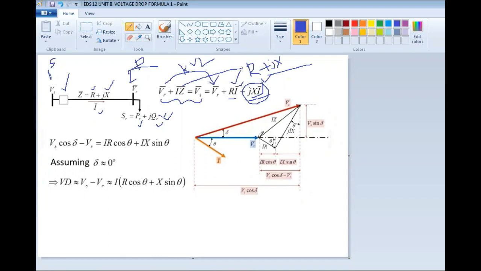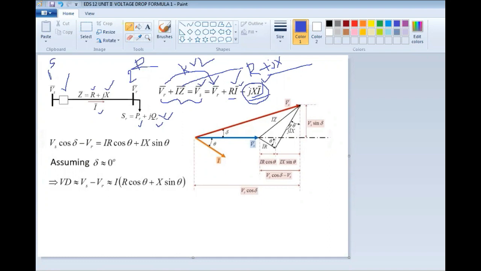Combining these two, IR and JIX, you get the resistance drop, reactance drop, and impedance drop. The resultant of VR, IR and JXI will be Vs bar, the sending end voltage. So this is the phasor diagram.